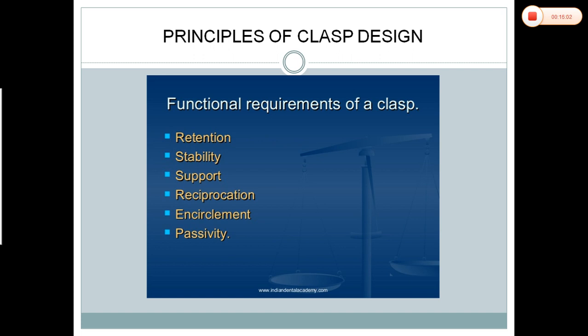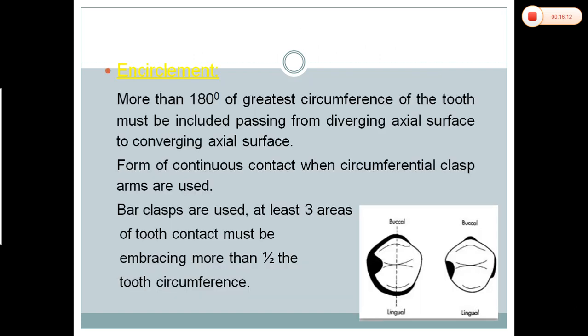So when you are designing or fabricating a clasp, you should keep in mind that all these functions have to be achieved. First, encirclement. When designing any clasp, the clasp should encircle or embrace the abutment teeth more than 180 degrees.